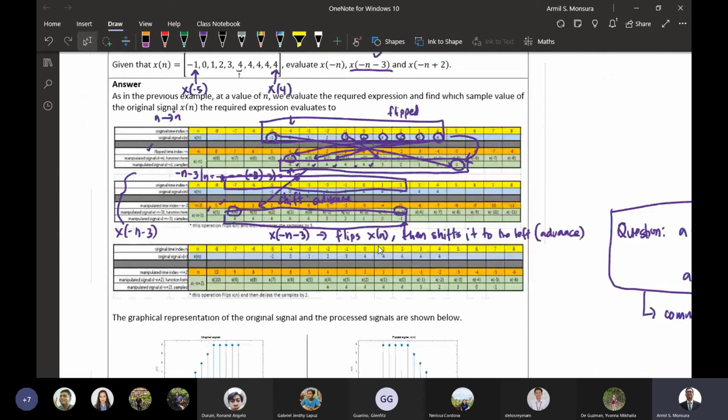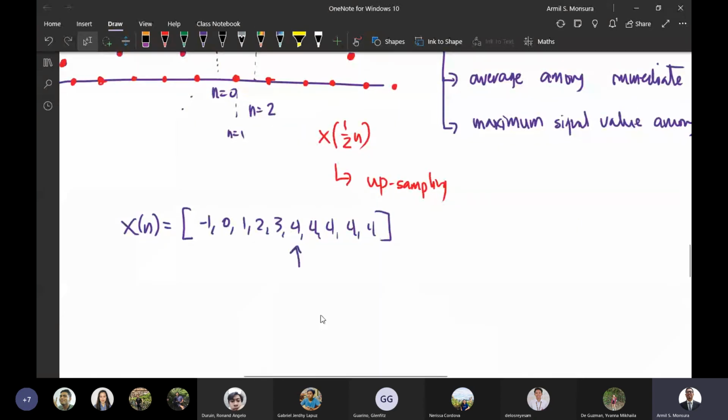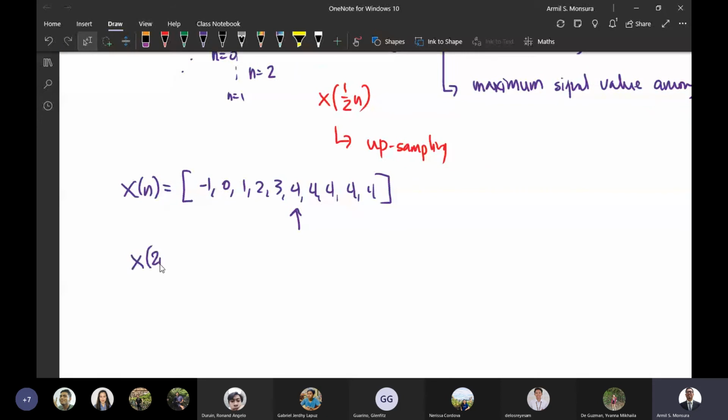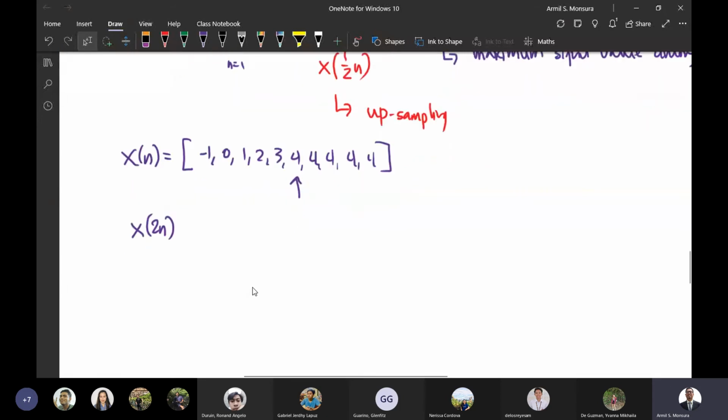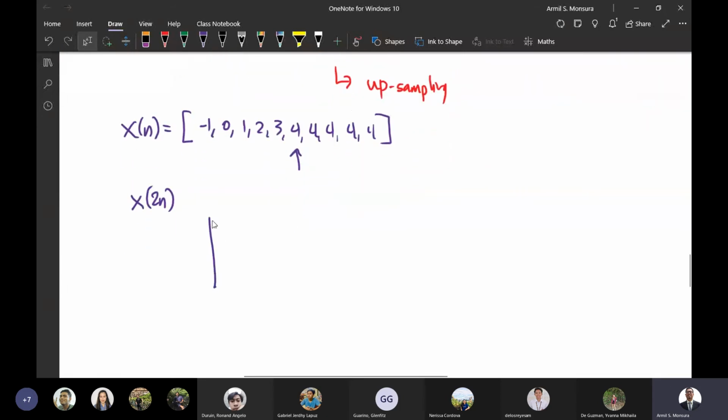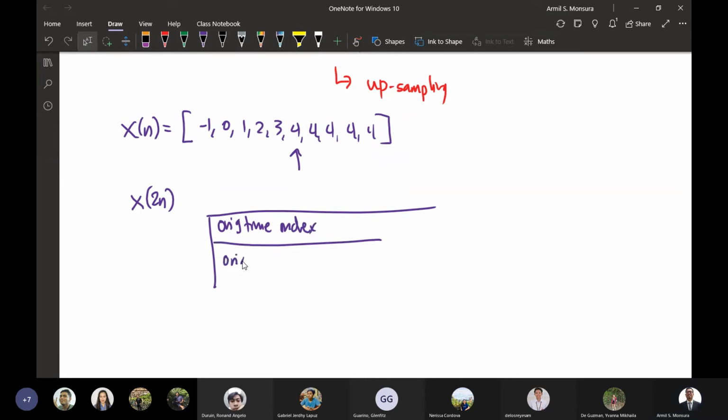Ito. Now, try to produce x of 2n on a tabular form. Okay? So, mag-produce kayo ng original na time index. Okay? And then, yung original na signal.